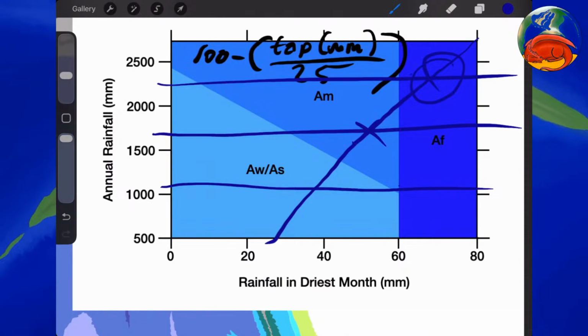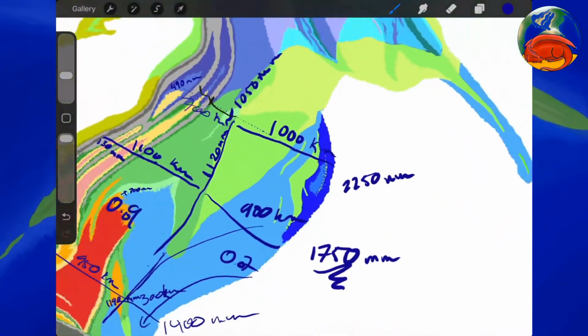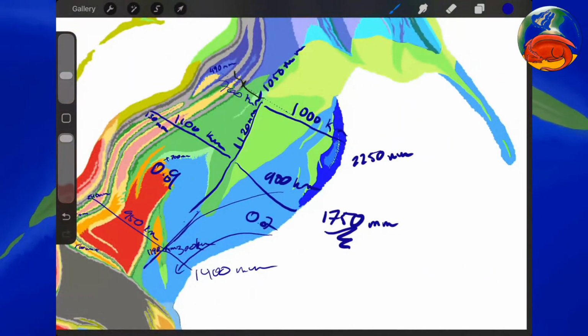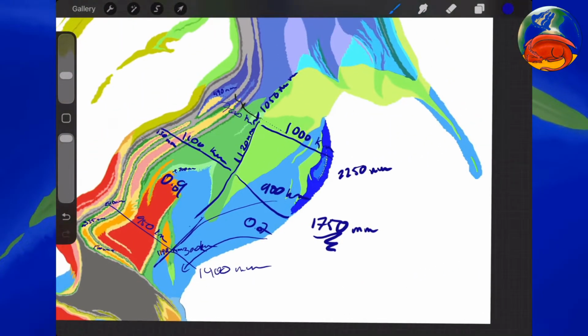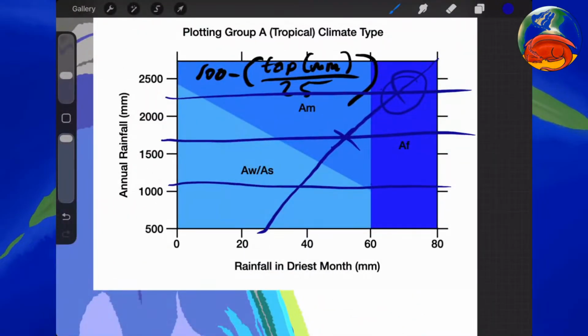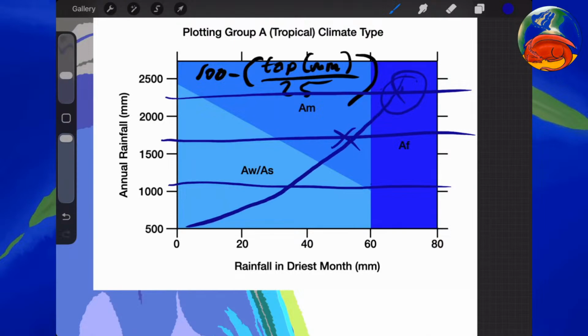So between about 2,000 or so and 1,300, we can have AM in there. However, it's not going to be a straight line. It's going to be something more like, I don't know, that, I suppose.